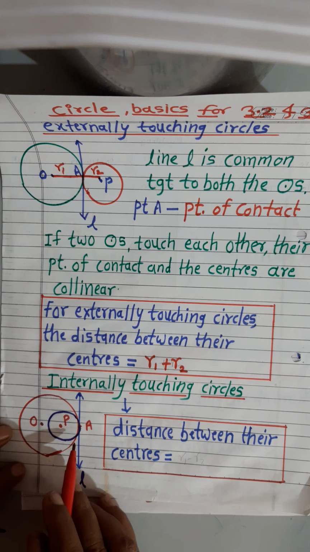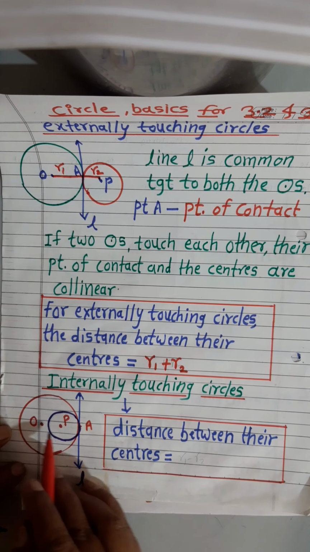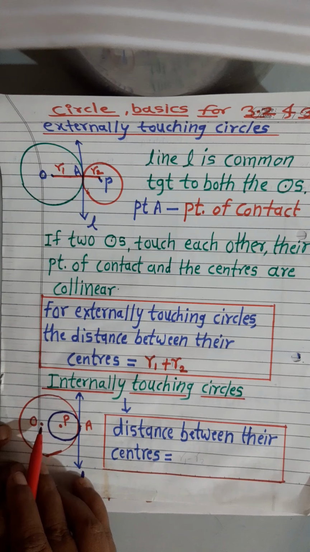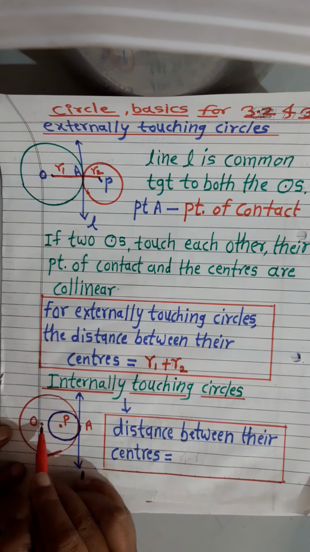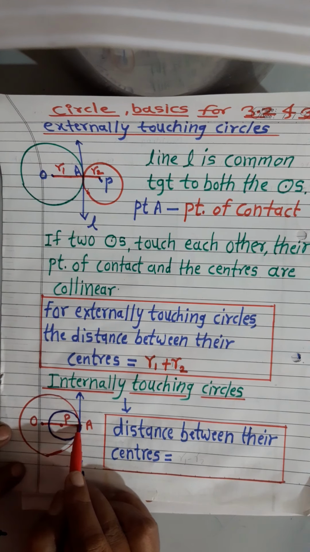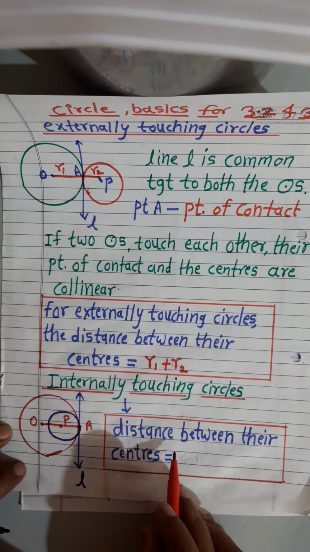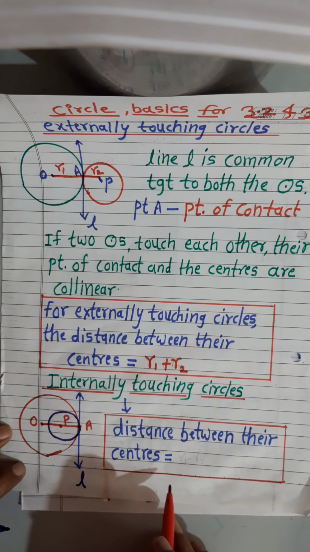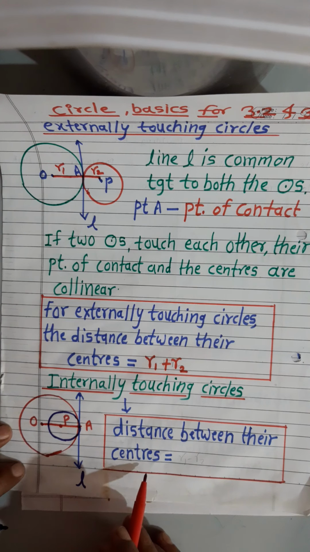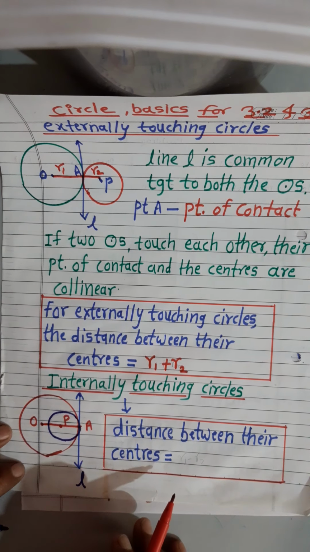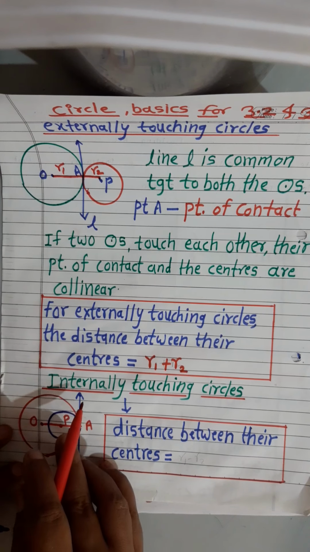Here again, the point of contact and the centers of the two circles, these 3 points are collinear. Now suppose we want to find the distance between their centers if the two circles touch each other internally.